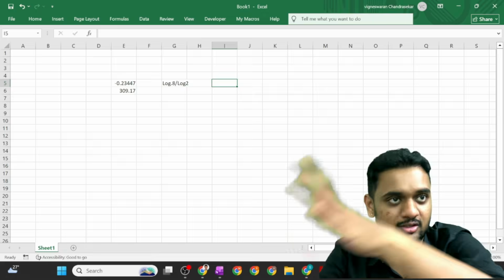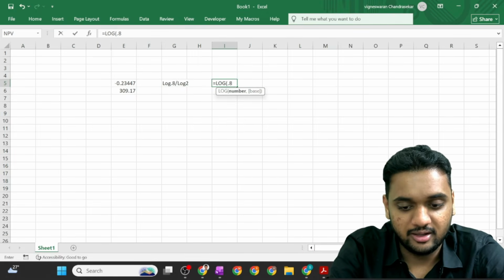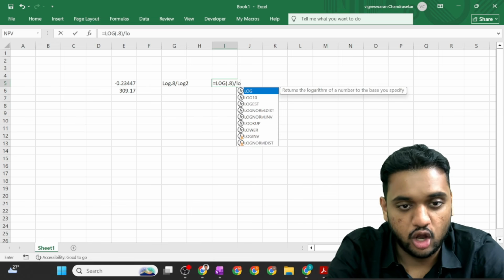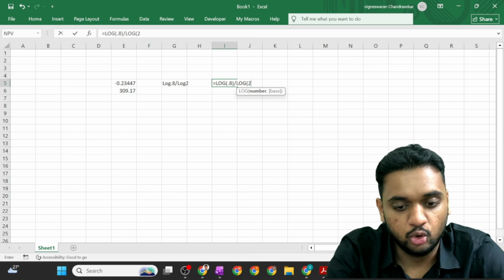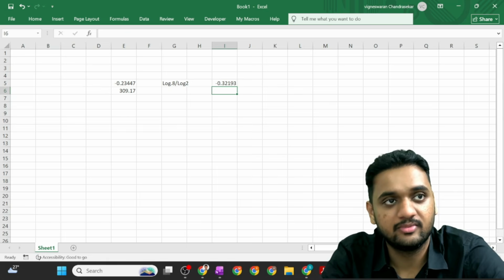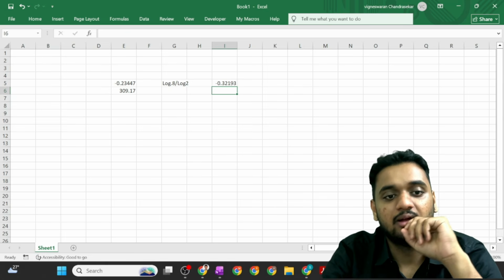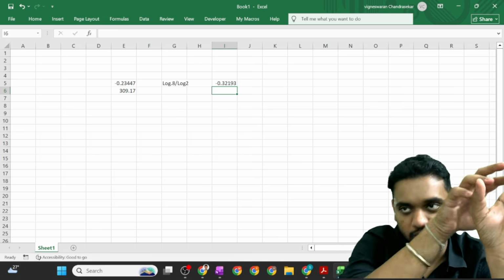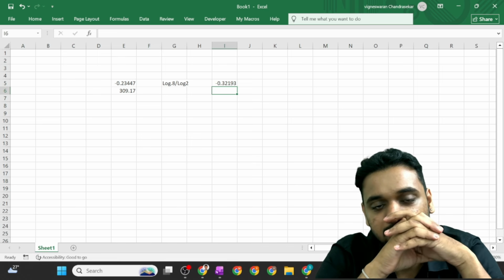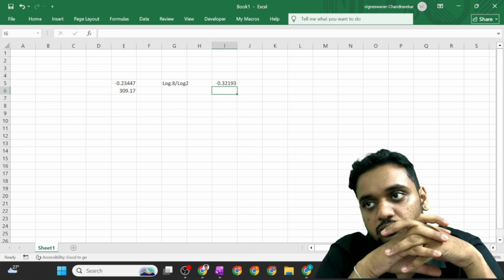So now next to that you write is equal to log 0.8 divided by log 2. I'm telling you write separately so that the examiner knows that you're finding that.